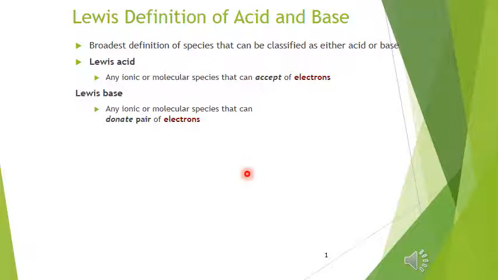When we talked about 121, the things that took electrons were the things that got reduced. So things that get reduced are basically Lewis acids. And the things that give away electrons, donate in this class, are what we call Lewis bases.